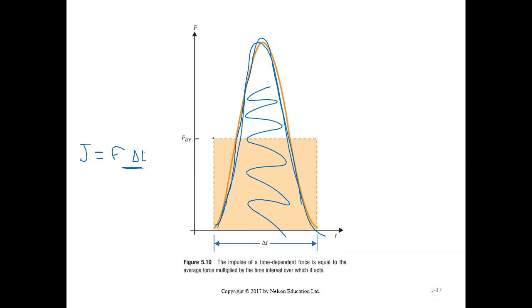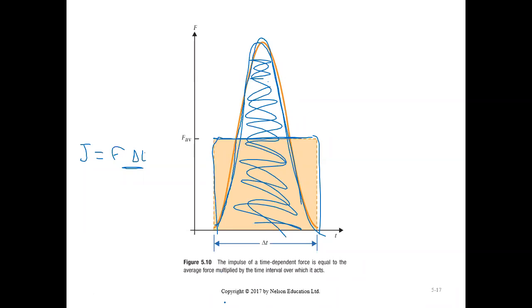And you get an average value of the force that will give you exactly the same area as the real force. Suppose this area is, I draw it in blue, we will choose the average force such that the area under the average force is exactly equal to the blue area given by the actual force.